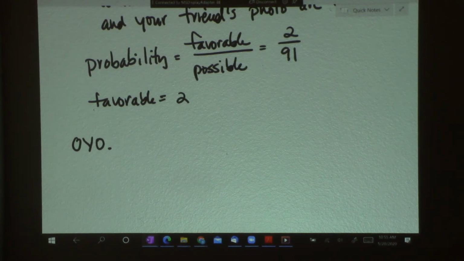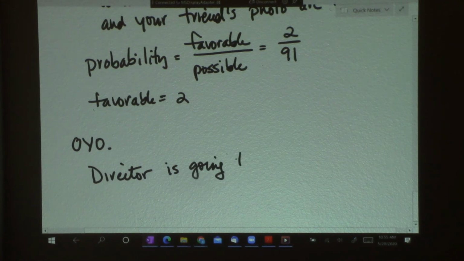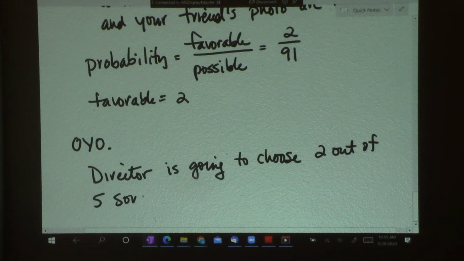Okay, so we've got a choir director. The director is going to choose 2 out of 5 songs for the chorus to sing.